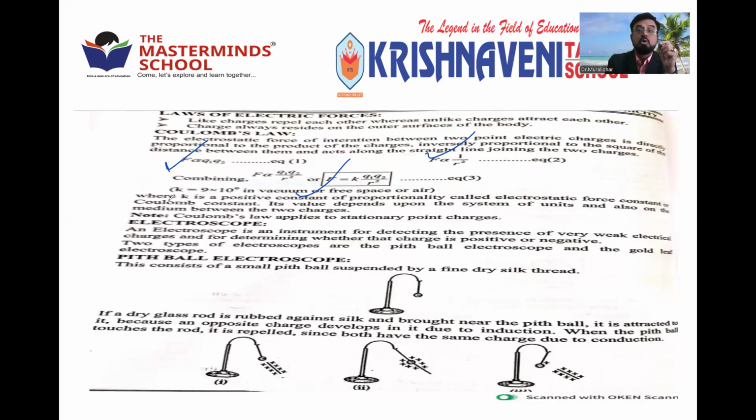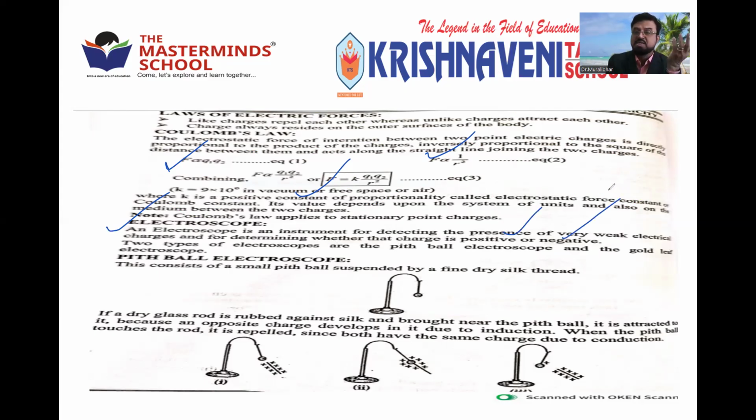Then to identify the charge: suppose you have one body in your hand, suppose I have a pen. What kind of charge does the pen have after rubbing with some cloth? If you want to test, you can test with a device called an electroscope. An electroscope is an instrument for detecting the presence of very weak electric charges and for determining whether the charge is positive or negative.